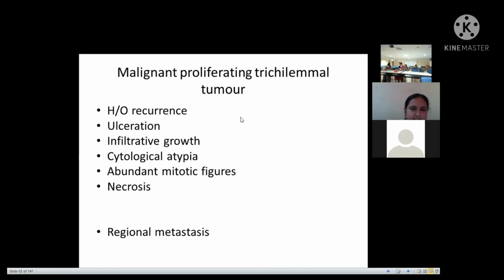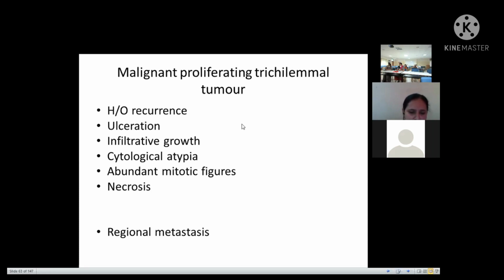I included this slide because it is the rarest hair follicle tumor of all times, and the real incidence is unknown because there are inconsistencies in nomenclature, and many times they are misclassified as SCC. These tend to recur and they metastasize.